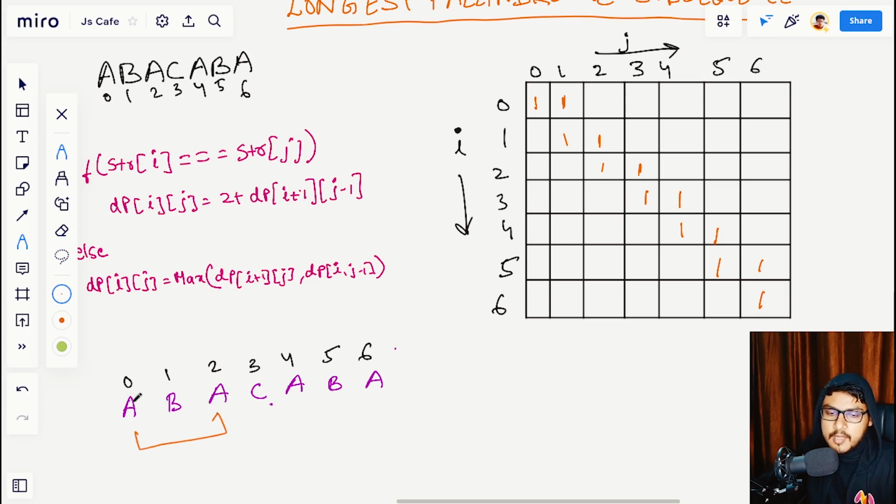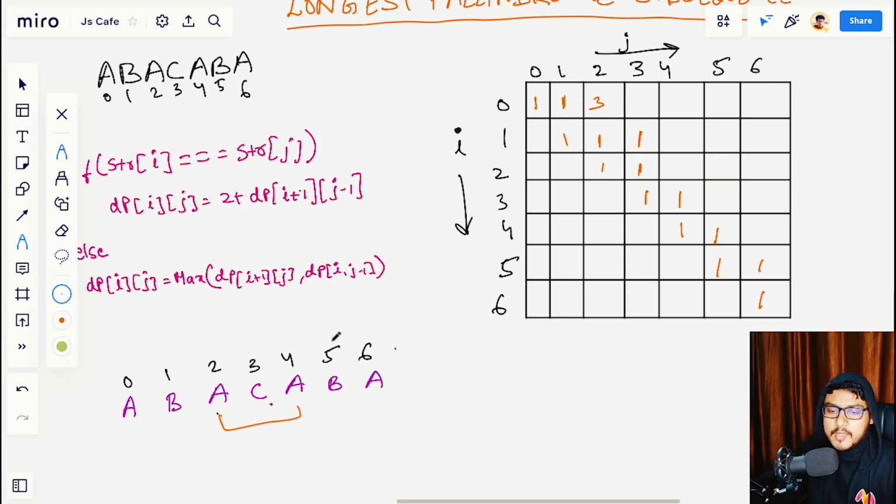So str of i and str of j are matching over here. So the value will be 2 plus the value of this cell, which would be 3. Okay. Next we move to this. B and c are not matching, so the maximum of this value and this value, which is 1 in this case. Next, ahead.